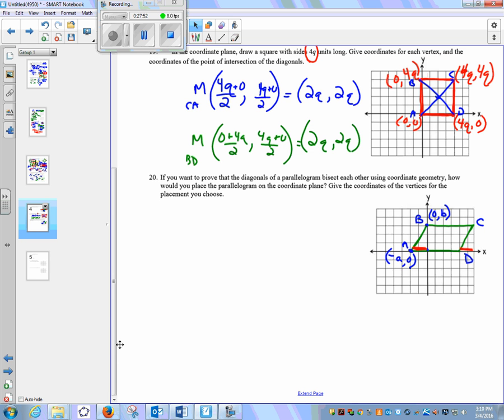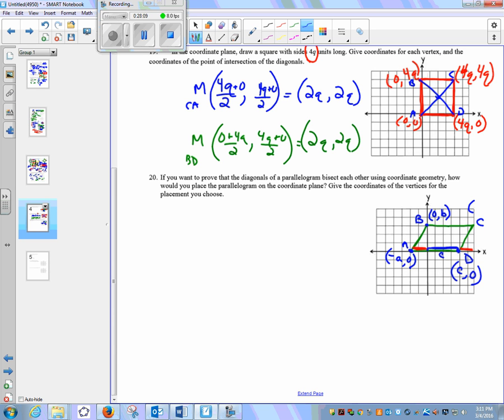If I make this length C, then the coordinates of D are going to be over C, up 0.